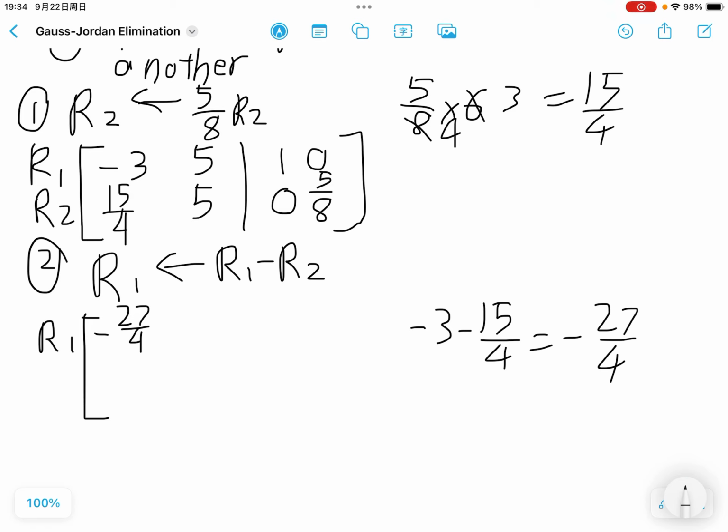And then the second element gives 5 minus 5, which is 0. Third element is 1 minus 0, which is 1. And then fourth is 0 minus 5 over 8, which is negative 5 over 8. So just simple subtraction over here. And row 2 is just the same, because we didn't do anything to row 2.